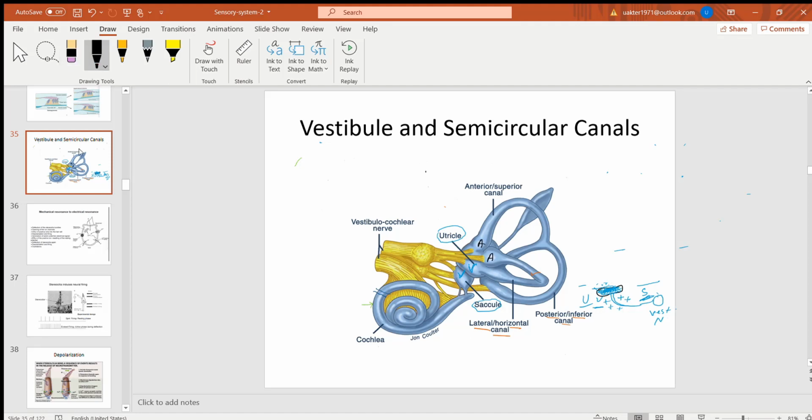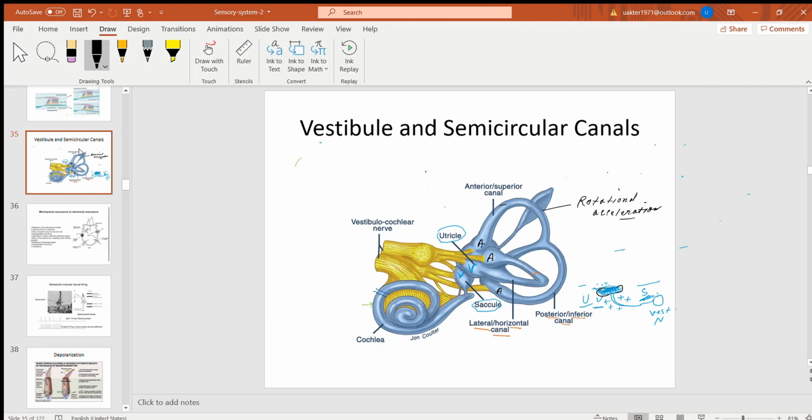And the semicircular canals are picking up the signal of rotational, not linear, acceleration. So when you rotate your head, the sensors, the hair cells inside the semicircular canals will be activated and will be able to detect the angle of rotation.